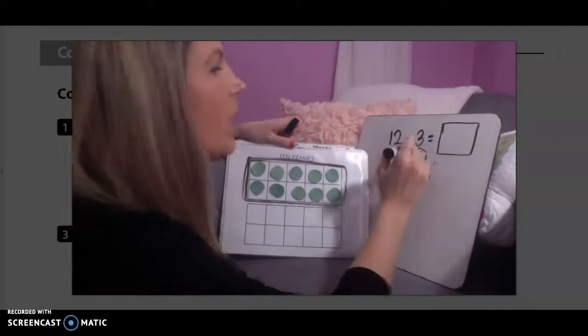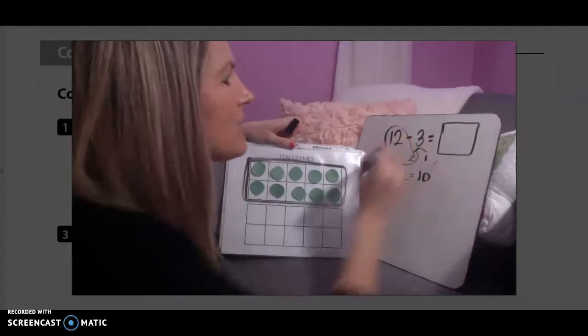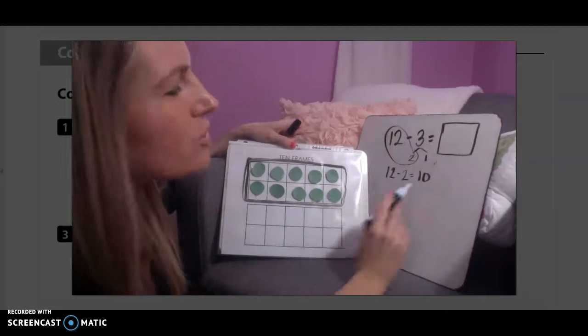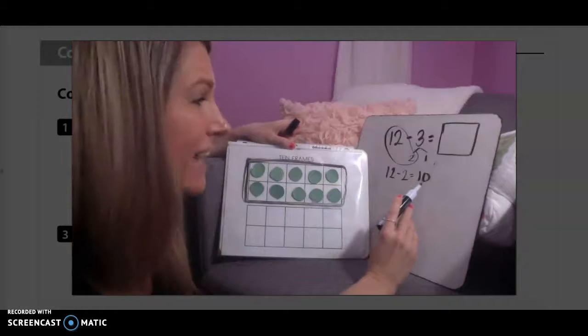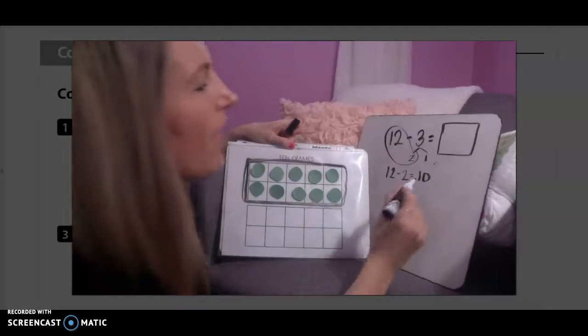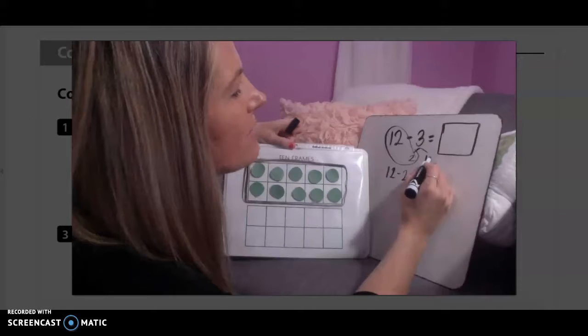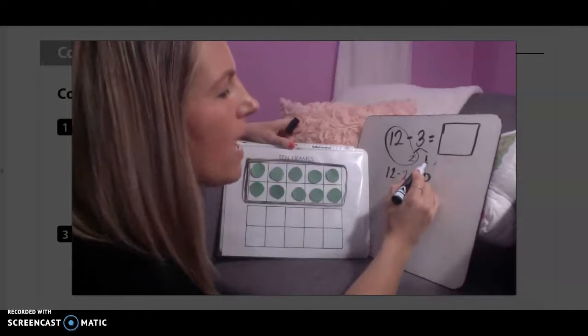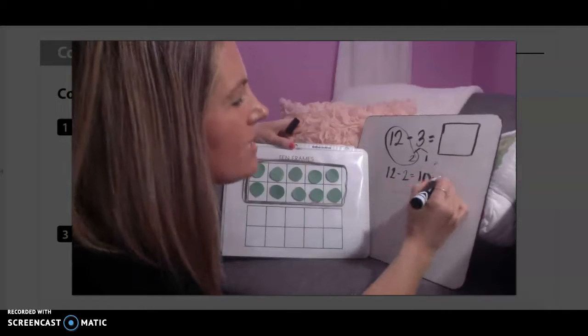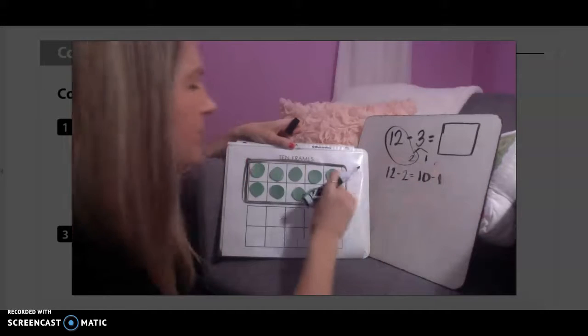All right, so I went ahead, I took my 12 dots minus my 2 dots. Now I've got 10, but I'm not quite finished because I still have to take away. See, we've still got 1 left. I have to take that 1 dot away.